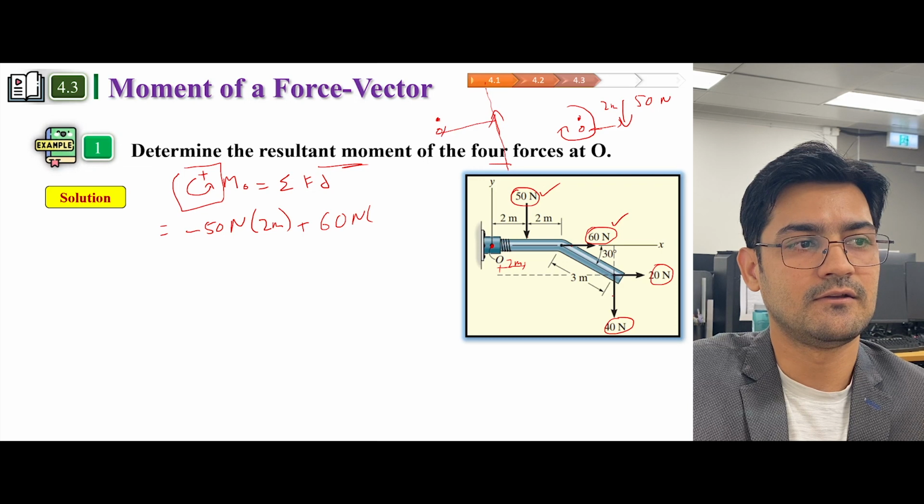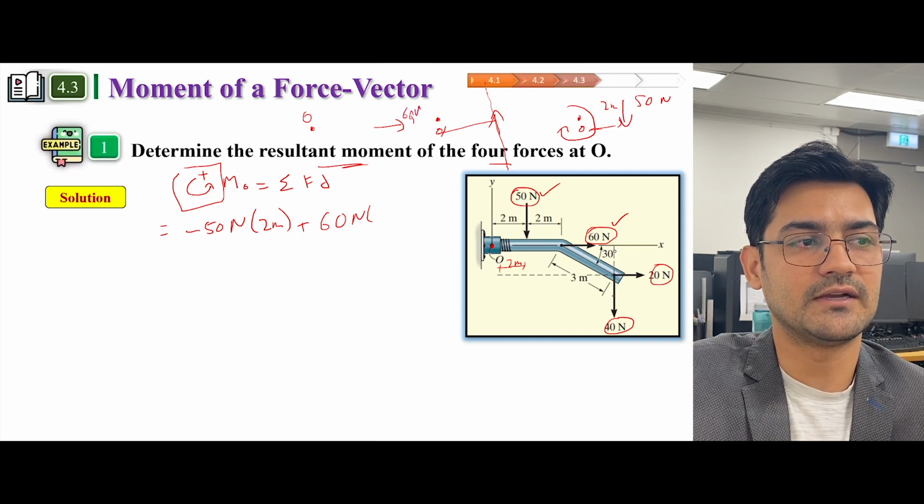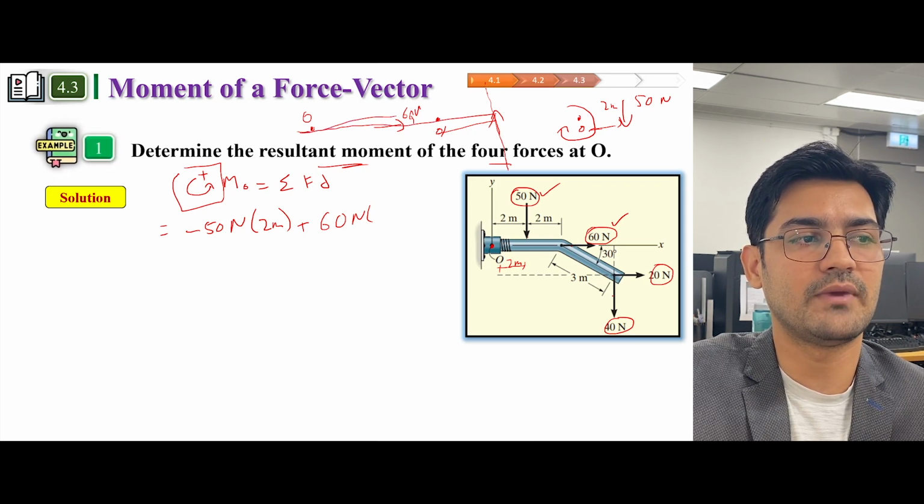In this case, we have a point O here, and we have a force here, 60 Newton. So what is the line of action of the force? This is the line of action of the force. Now the distance from axis O to the line of action of the force is basically 0.